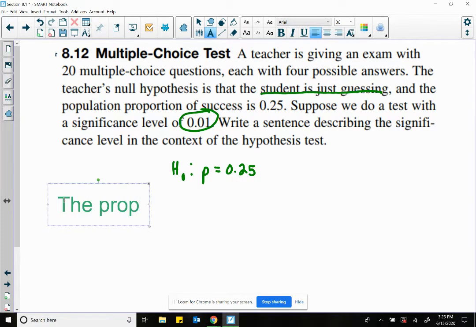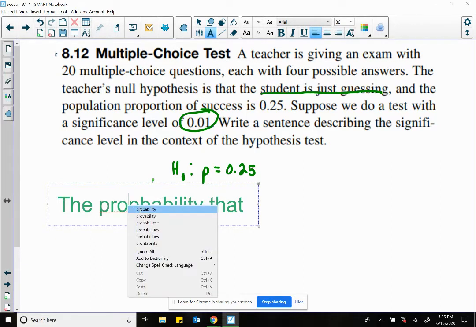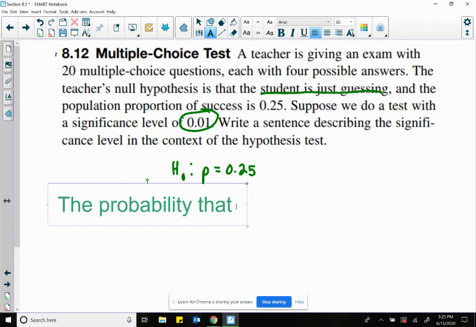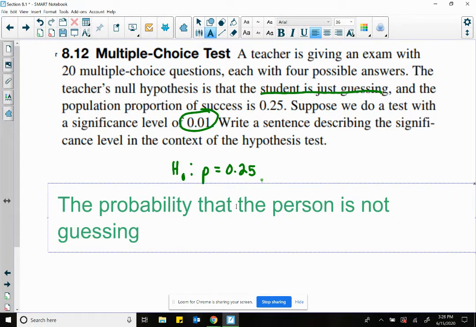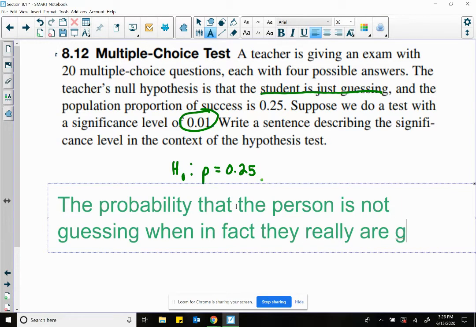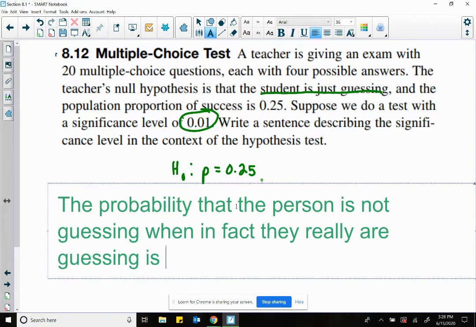The probability that, I spelled that wrong, let's just grab it real quick, that the person is not guessing when in fact they really are guessing is, at significance level, 0.01.